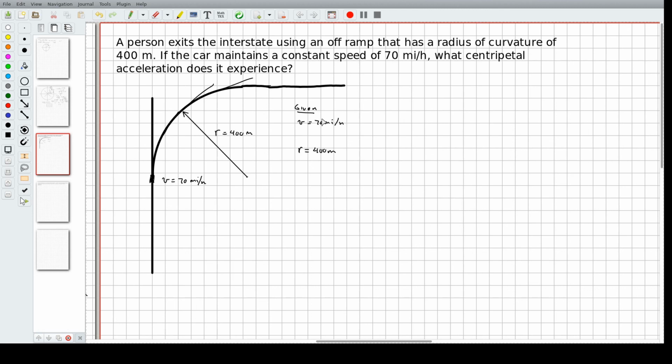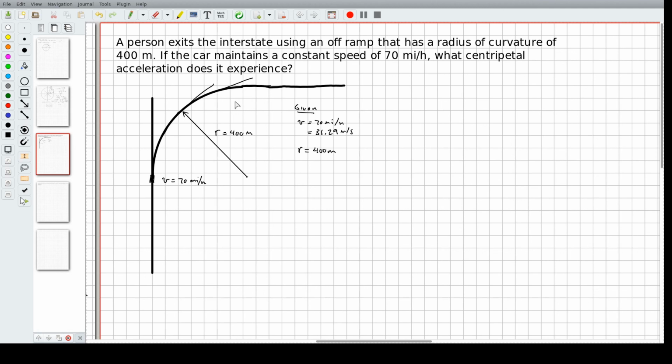If I convert that, I get something like 31.29 meters per second. And really all we're asking for is what acceleration this car would need to experience to stay along the arc here as it goes.